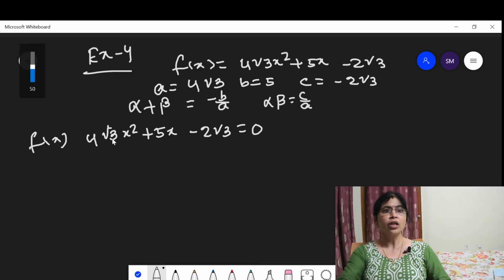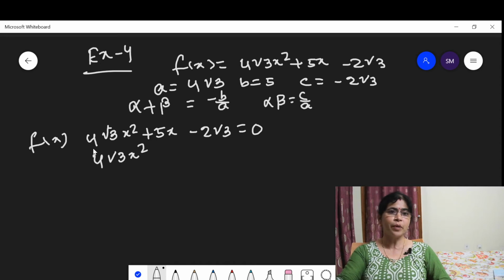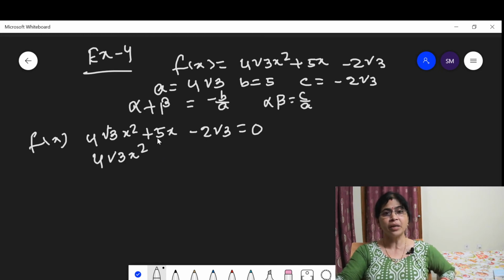Then applying middle term factorization, split the middle part into two parts. The middle part is 5x. We split it such that when we multiply we get minus 24 x square, and when we add we get 5x.